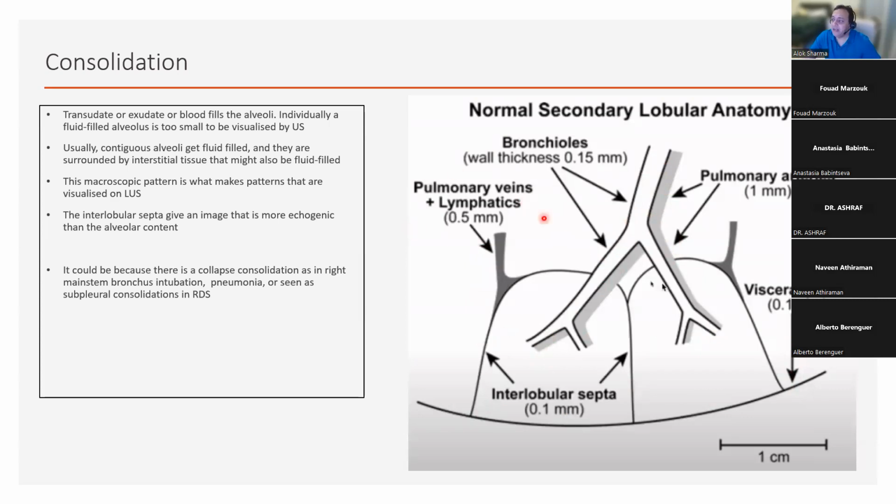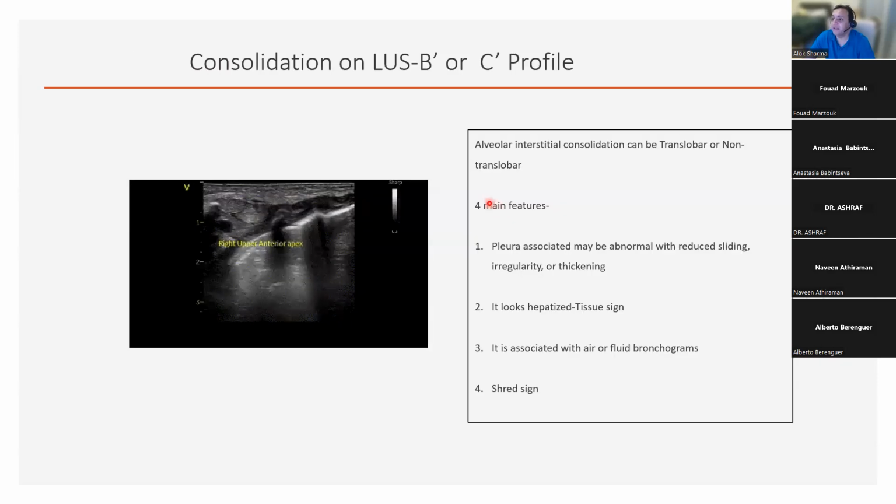Now, you may have an element of inflammatory response with interstitial edema, but what you're classically going to get is what we call a tissue sign. When we talk about tissue sign, we talk about the tissue appearing like liver, hepatized. We know that liver, when it is hepatized, has this kind of uniform look, which looks like tissue. And this classically is what we call a consolidation.